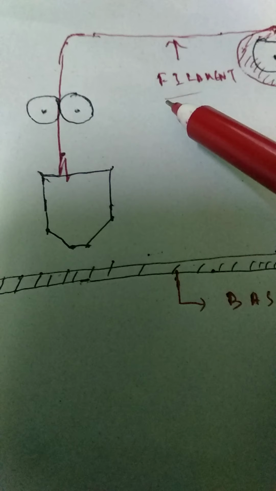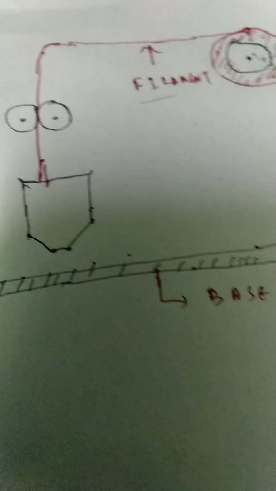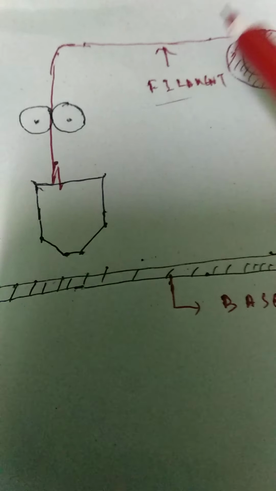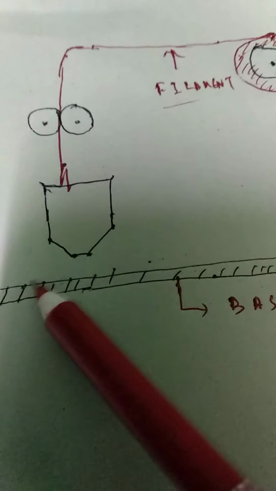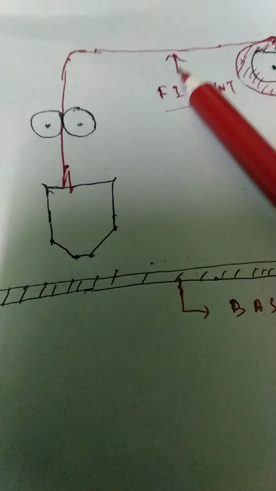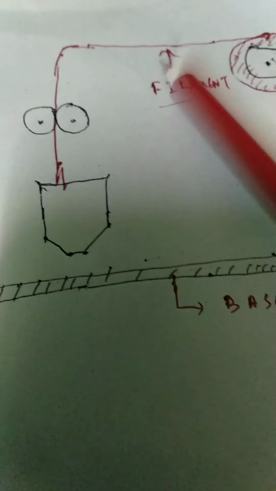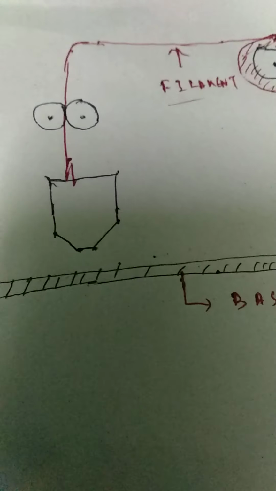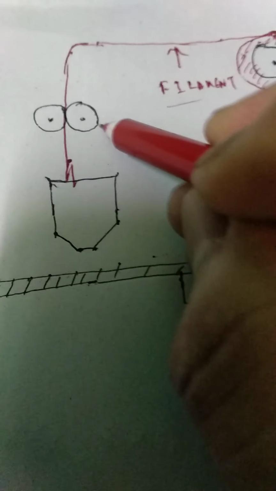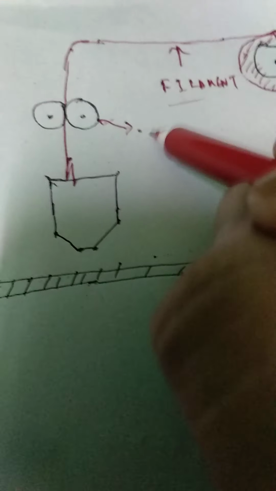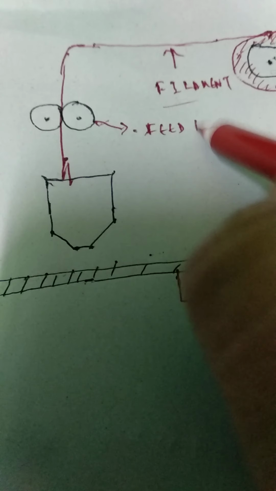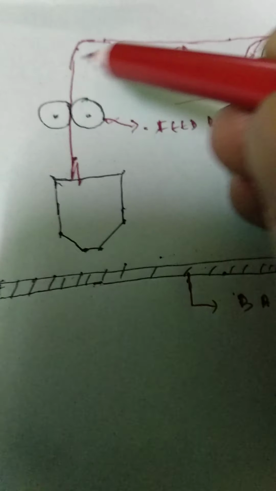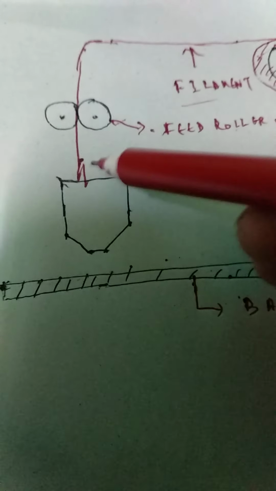It may be a plastic or any other non-metallic material of which we will make the model. This can be of any material. This is the feed roller, which will advance the filament in a forward direction.